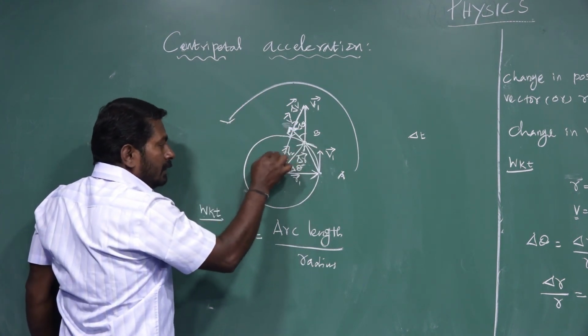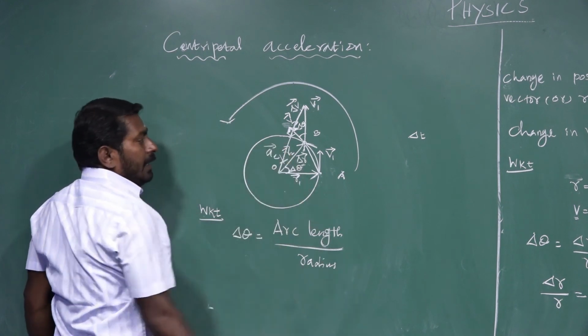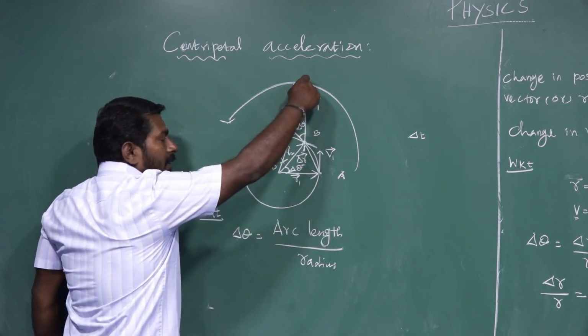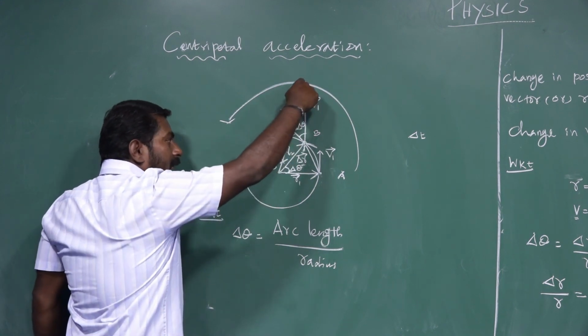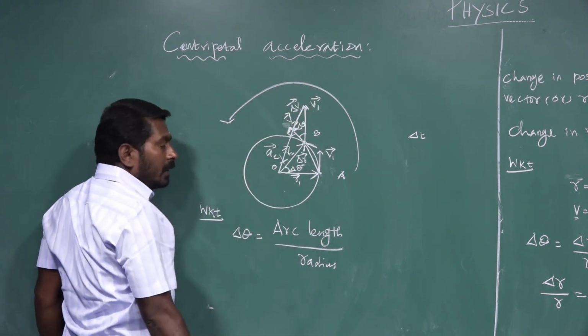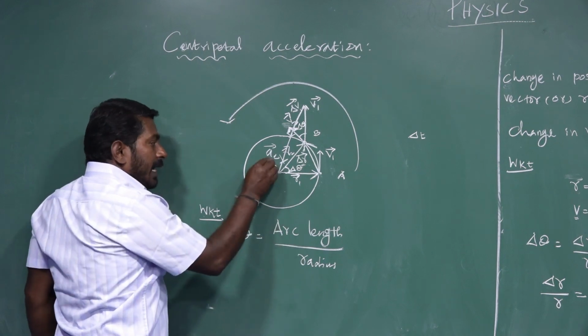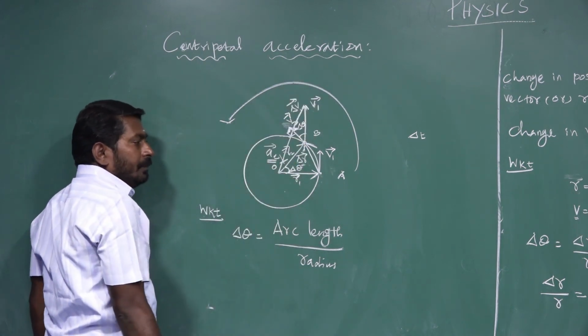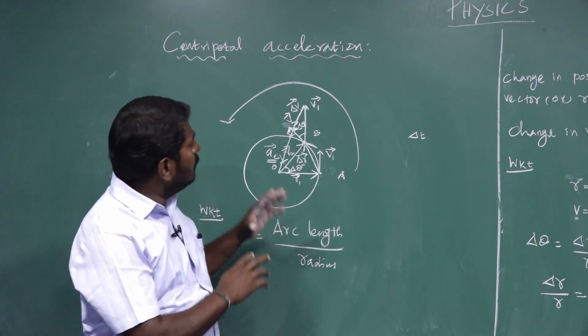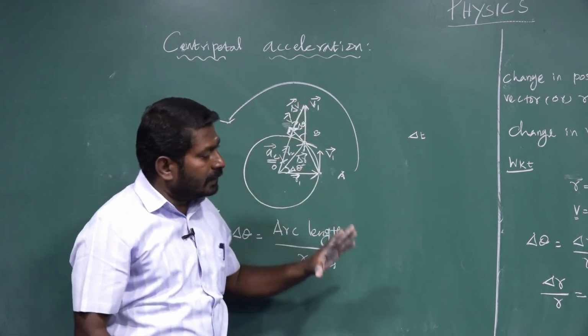This is the centripetal acceleration direction, because the change in velocity acts along this direction. It is always directed towards the center of the circular path. So the direction of centripetal acceleration is the same as the direction of change in velocity. It's a very, very important topic, centripetal acceleration.